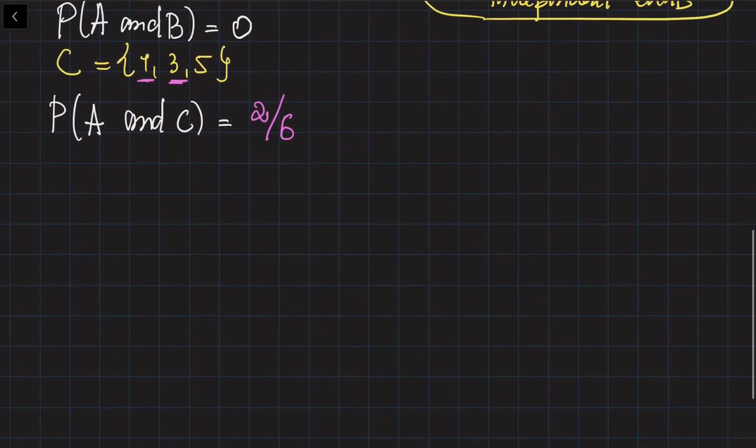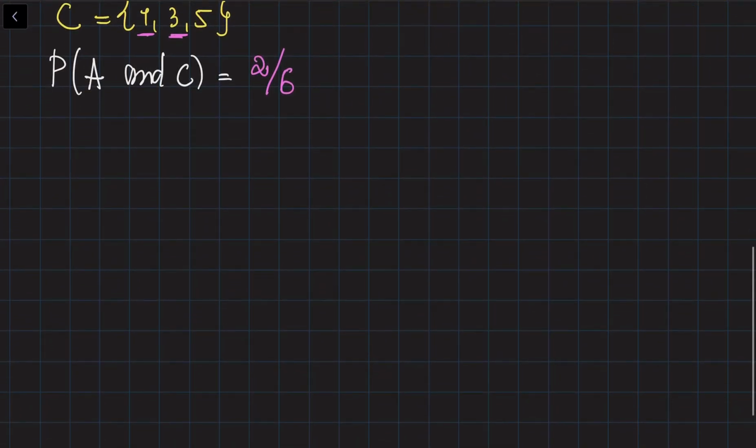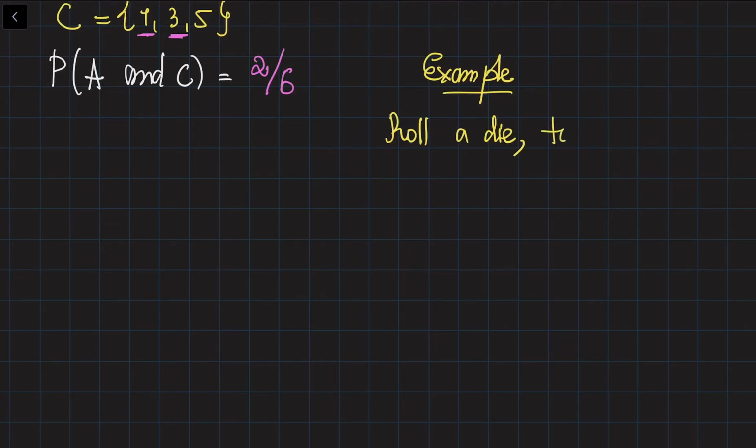So in this video, I would like to finish with a small example of the multiplication rule of the second type. Example. So let's say we are going to do an experiment. We need to roll a die, and at the same time we need to toss a coin. Let's say A is going to be the event when we get 3 or 4 when we roll a die.